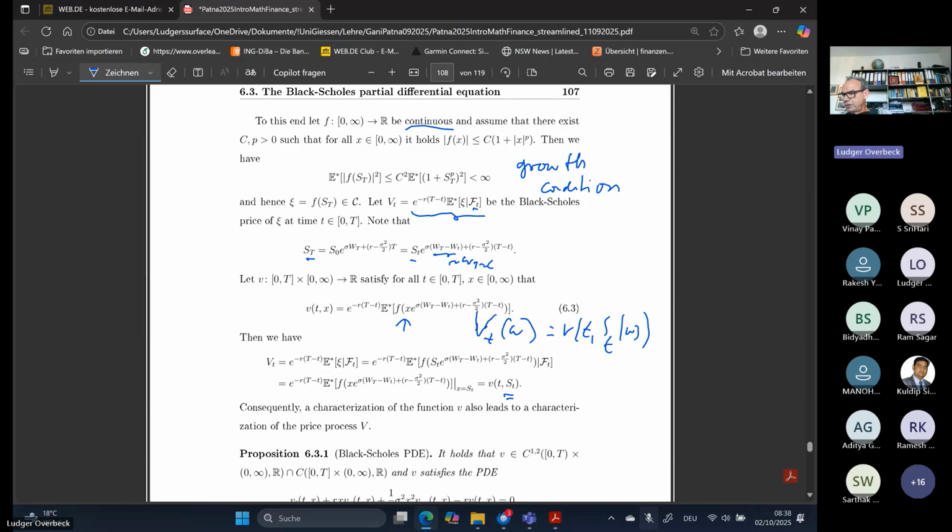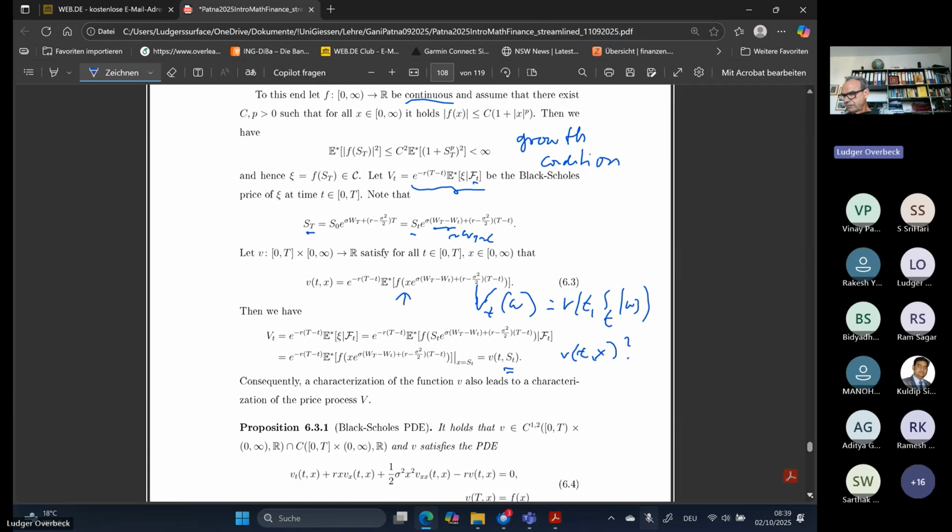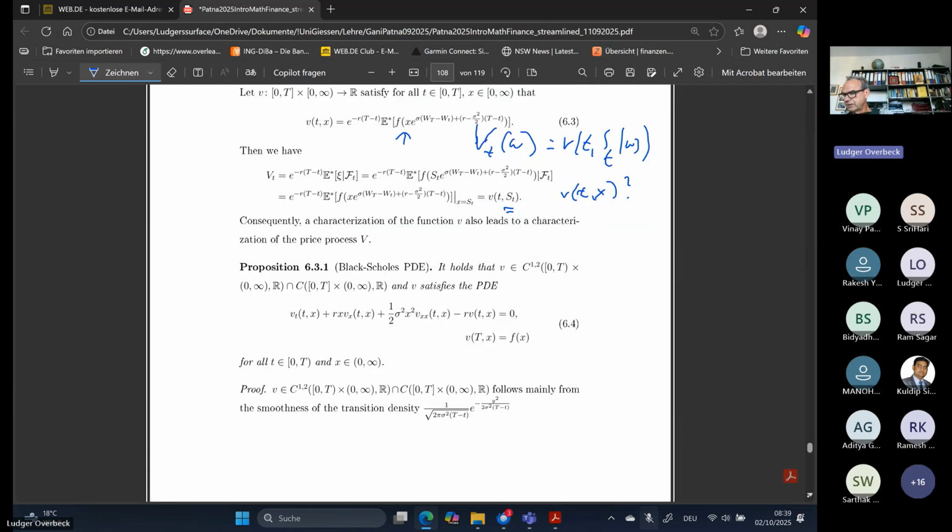Now, that's the Black-Scholes PDE: how can we characterize the function small v_t(x)? The general theory gives a connection between stochastic differential equations and partial differential equations.